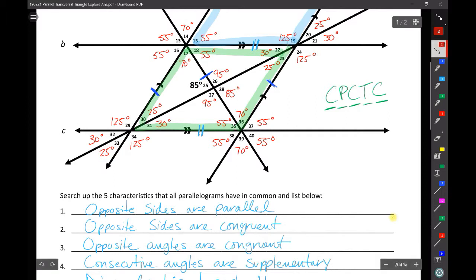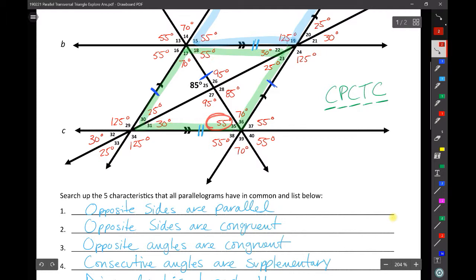Let's take a look at what we now know. Let's consider for a second this triangle right here and this triangle right here. All right, well now what do we know that we have? Well, let's take a look. We have a 30 degree angle, a double blue congruency, and a 55 degree angle.